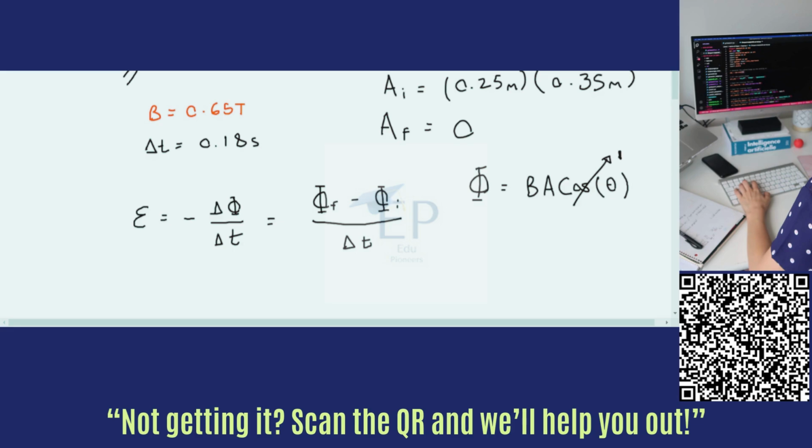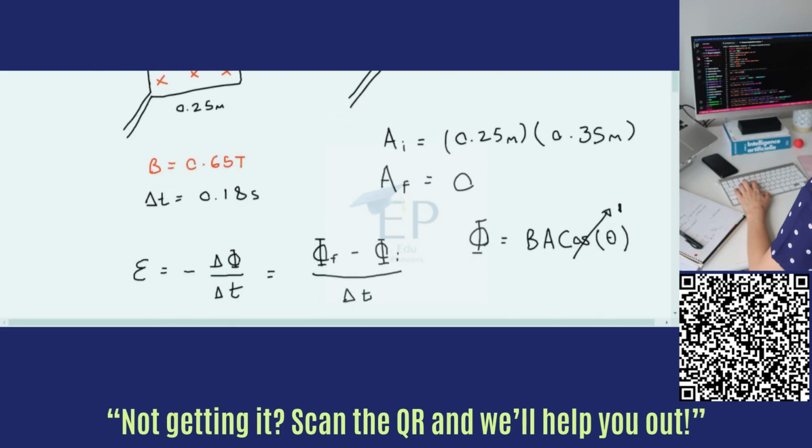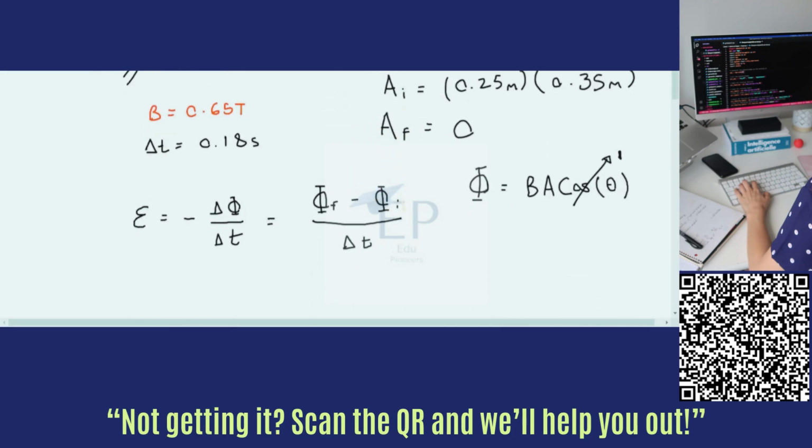In our second situation, where we flattened out our wire, our area is effectively 0. So that means the flux in the second situation is going to be 0. Since A final is 0, the flux is 0.